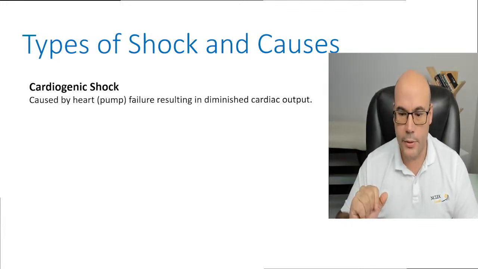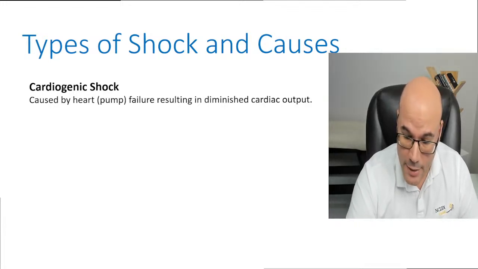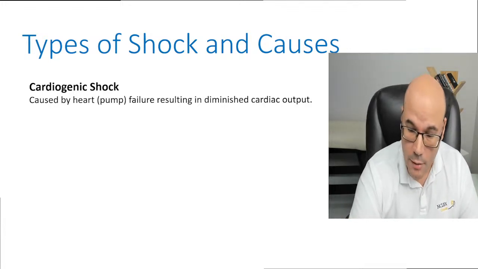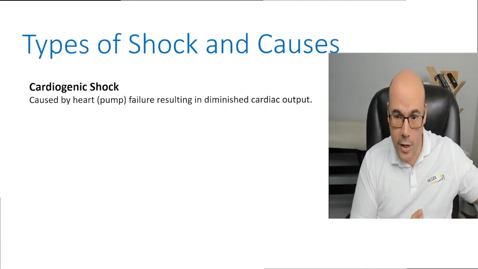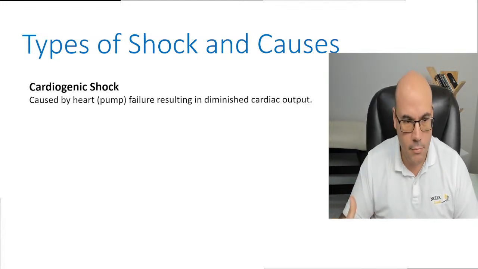Diminished cardiac output. So you now understand the difference between a hypovolemic shock and cardiogenic shock. One is fluid loss. This one is the heart not doing its job accordingly.